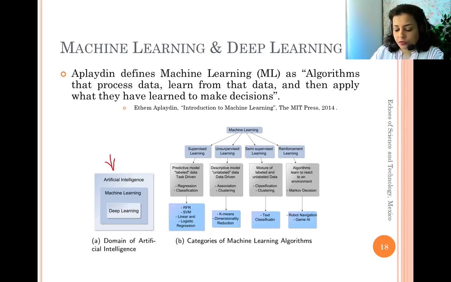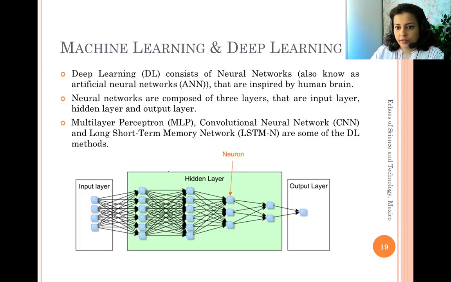And with the help of mathematical linear algebra, matrices, and vectors calculators, we can build several machine learning methods as mentioned in this graph. On the other hand, deep learning consists of neural networks, and these neural networks are inspired by the way information is processed by the neurons in the human brain. This image shows the general architecture of a neural network, which is composed of three basic layers.